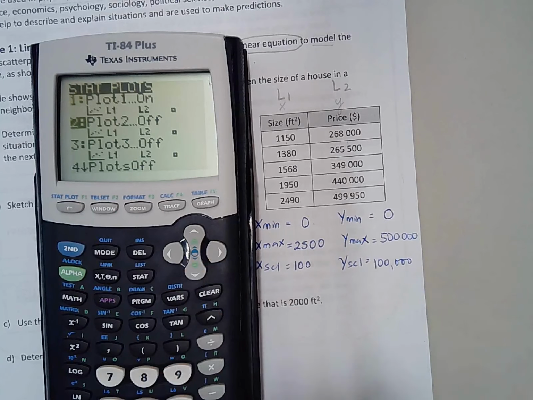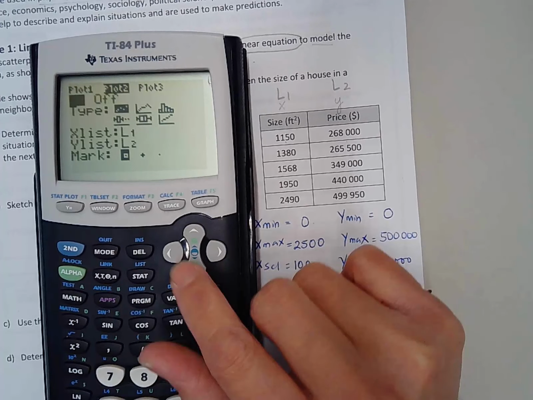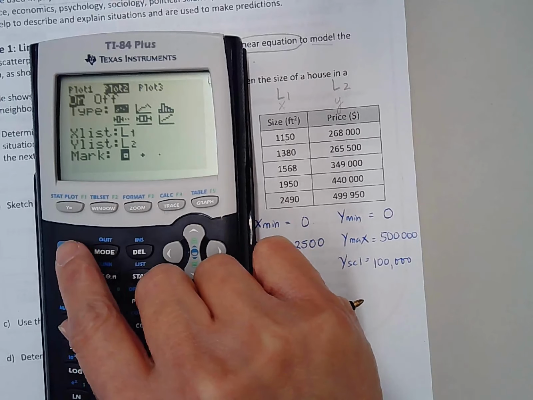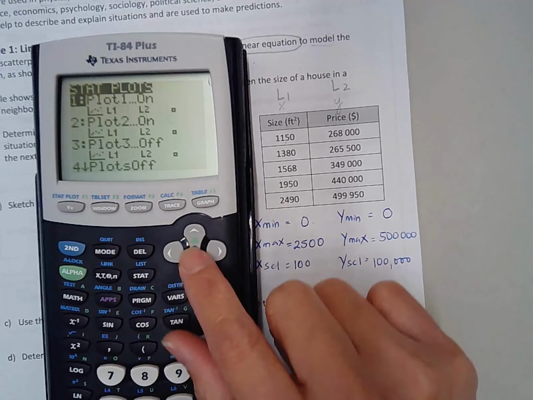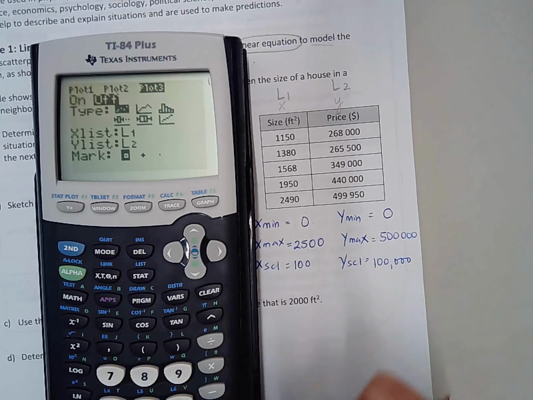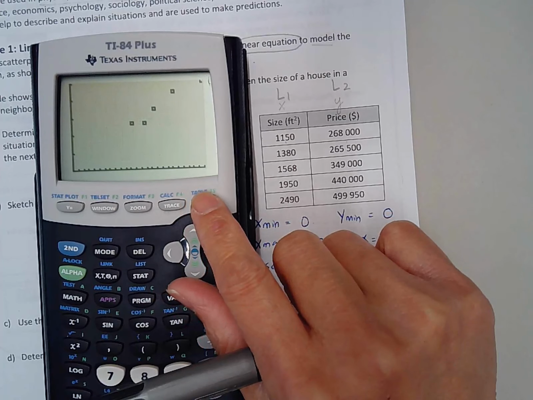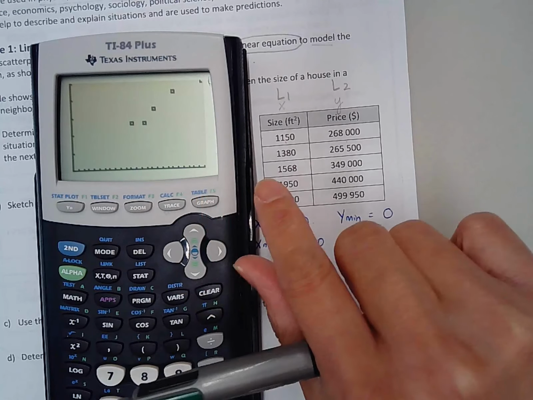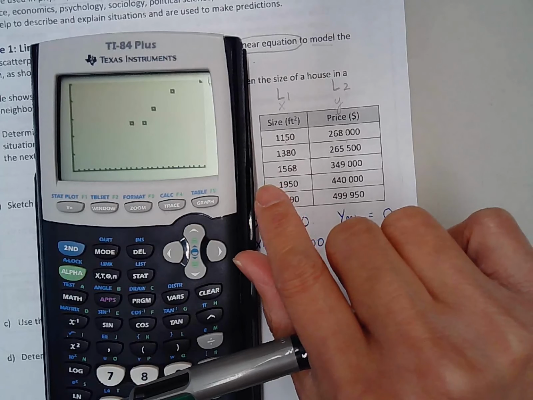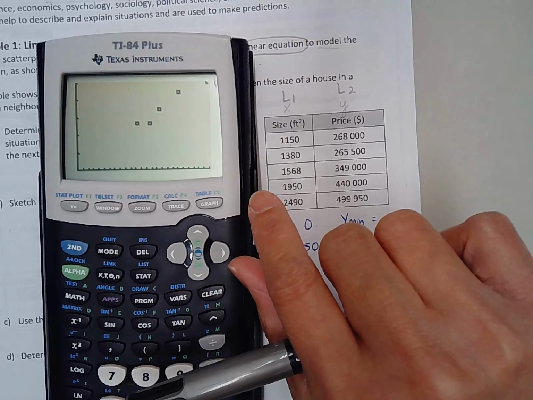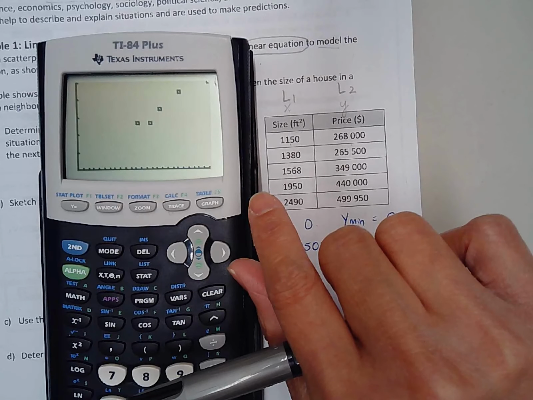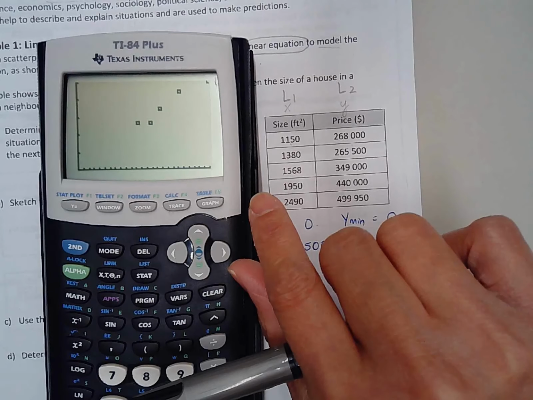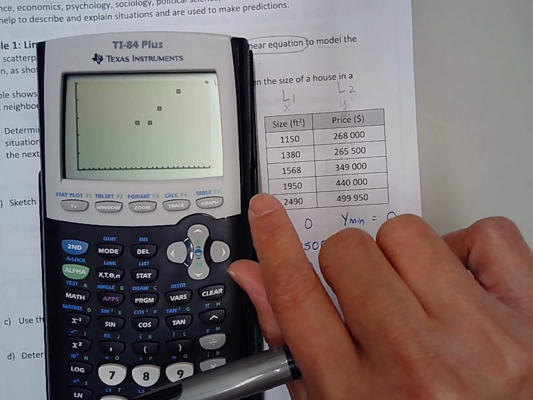What if I turn on everything? I did turn it on, and then it's on, right? And I said okay, and graph.